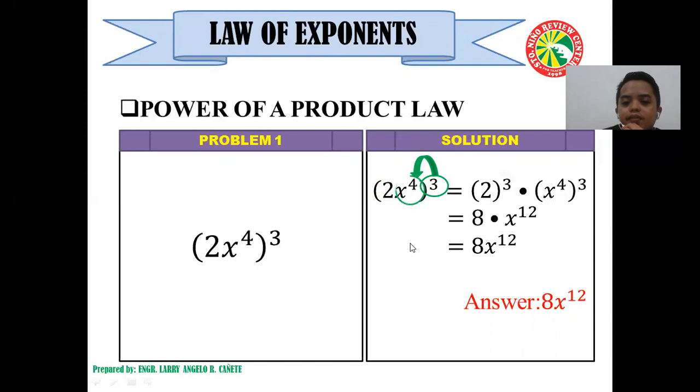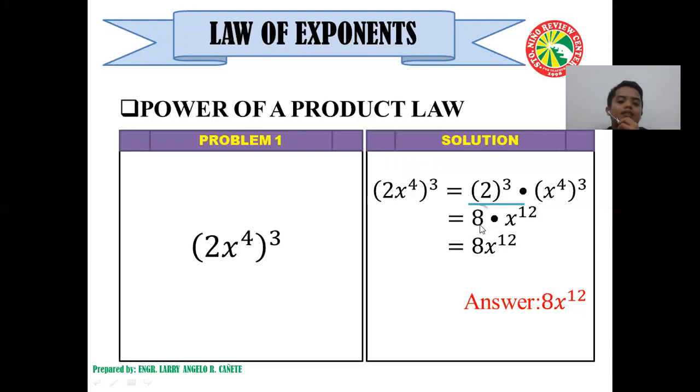So finally, 8. This is 2 cube. So this is an exponent. The exponent 3 would determine how many times you repeat 2. So meaning 2 times 2 times 2. Do not do 2 times 3 because that is wrong. It must be 2 times 2 times 2. So the 3 would be your basis for how many times you multiply 2.